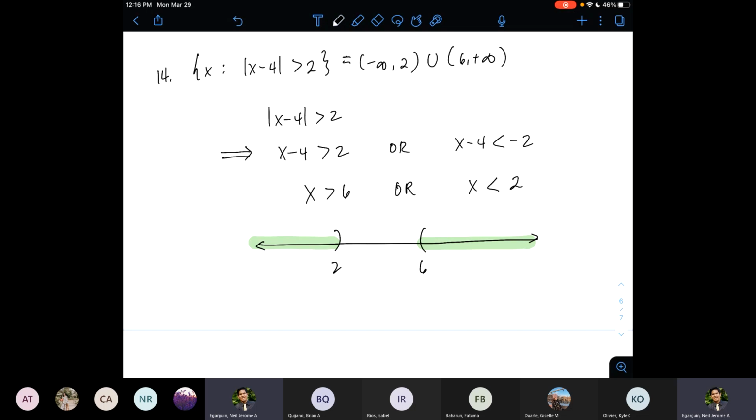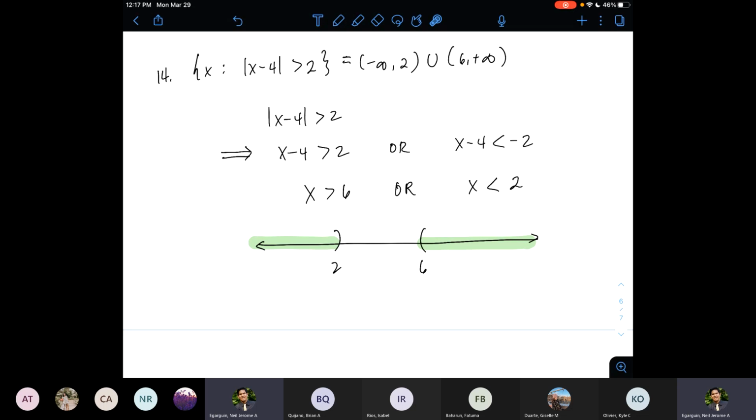Okay, Christina, you're correct. There is no LUB and no GLB as well, right? Because in the first place, this doesn't have a lower bound. For a lower bound to exist, that lower bound must be smaller than everything in the set. Unfortunately here, the set extends indefinitely to the left, so we cannot find a lower bound. If you don't have a lower bound, then it's impossible to have a greatest lower bound. In the same fashion, the set extends indefinitely to the right, so we cannot find an upper bound.